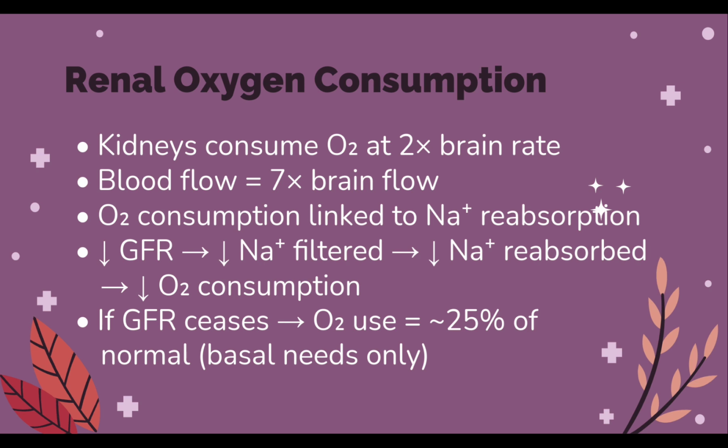So this oxygen consumption is linked to sodium absorption. When there is decreased glomerular filtration rate, less sodium is filtered, so the amount of reabsorbed sodium is less, and the oxygen consumption is also decreased. If the GFR ceases, oxygen usage is about 25% of normal, only for the basal needs.